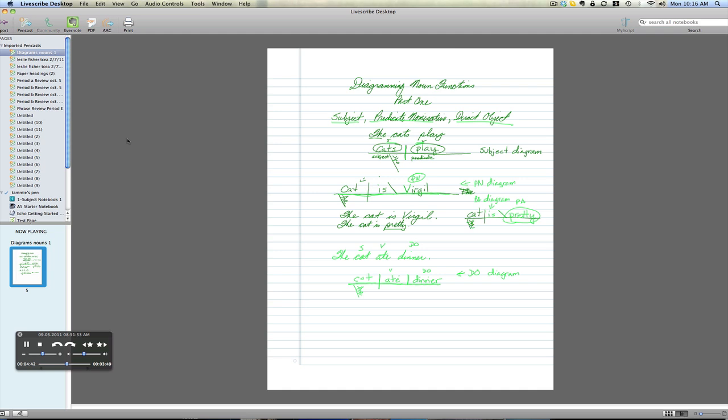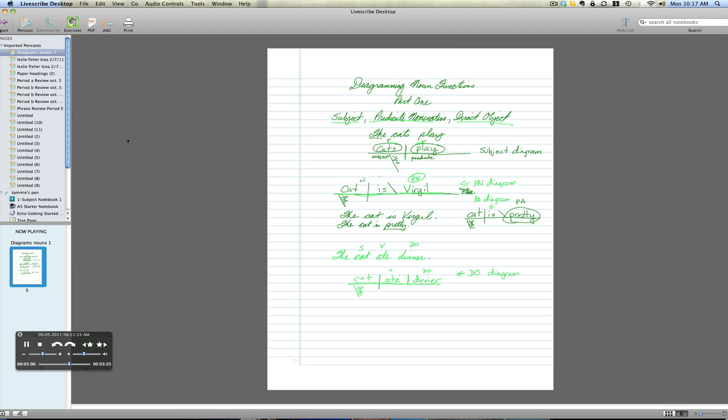Same thing, put my linking verb here, and then my predicate adjective would go in that same spot, right here. This is called a predicate adjective. I'm going to abbreviate it as PA. It's called a predicate adjective because it's an adjective on the other side of a linking verb.